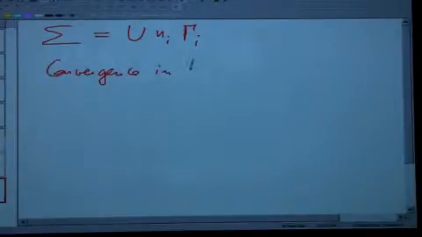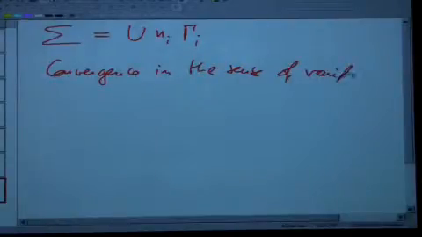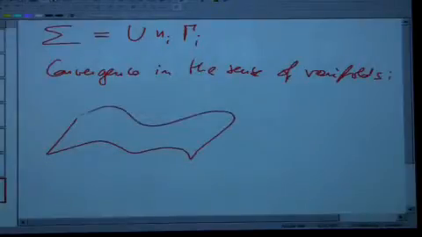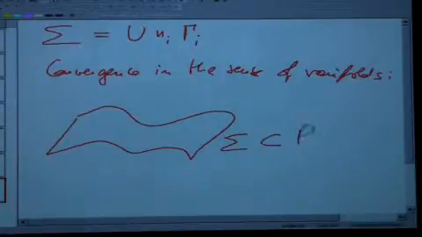And now let me just tell you very briefly what is the varifold convergence. Well, what is a varifold? A varifold is the following idea. So you have your surface, and you attach. Okay, so this surface is in your ambient manifold, which in this moment is just a piece of Rn. So this is sigma, which is staying in a piece of Rn plus 1.